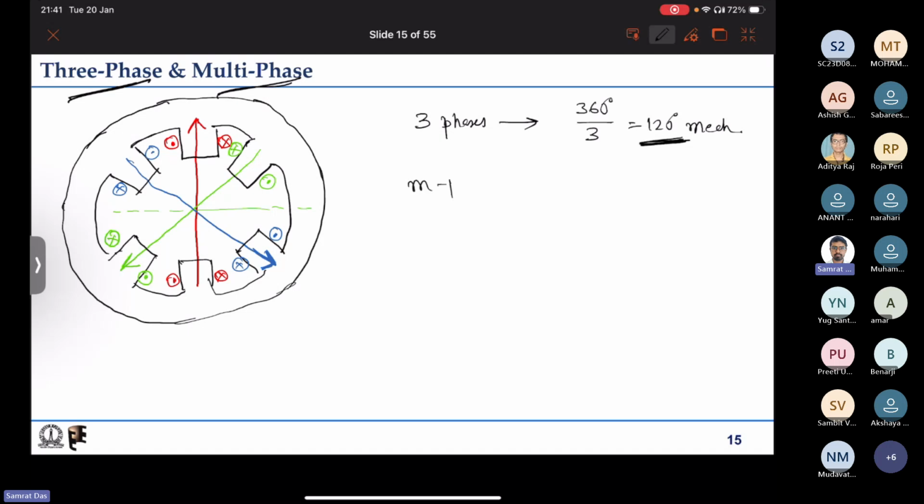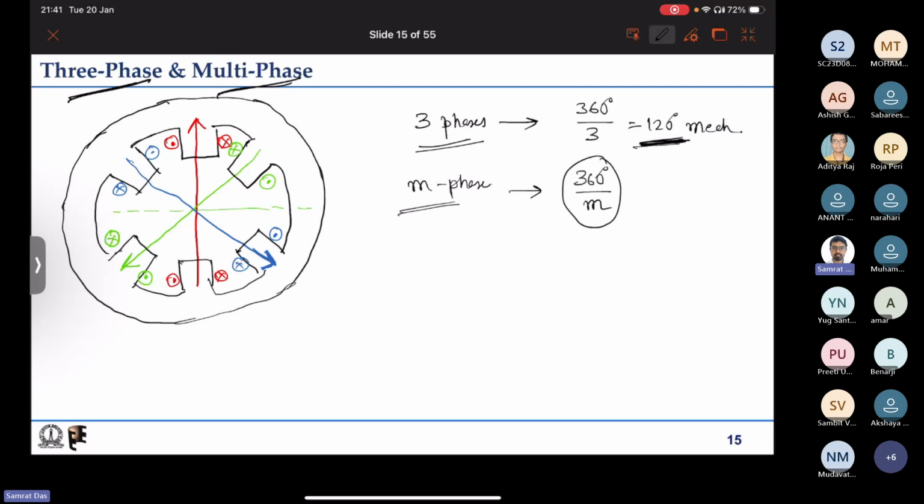If we have some m phases, then the phase shift between the different axes has to be 360 degree divided by m, and you can create a similar structure and see what happens. So obviously for m phase, the angular shift between currents also has to be 360 degree divided by m.